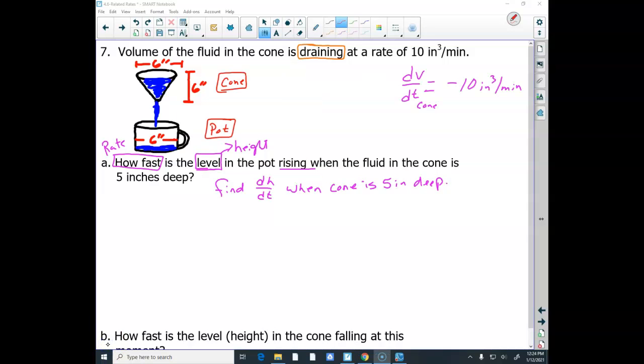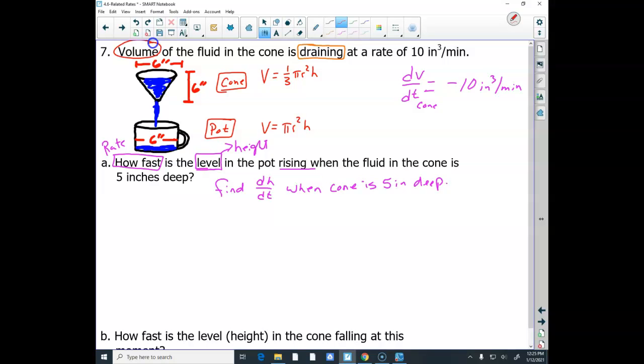Okay, so hopefully you thought about that a little bit, and because they're giving us a volume here, all right, we have volume. The volume of a cone, what is the volume of a cone? It's 1/3 pi r squared h. In my pot is a little cylinder. The volume of my pot is pi r squared h. But remember, my pot is a cylinder.